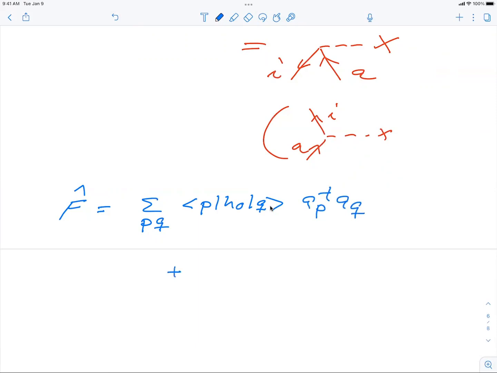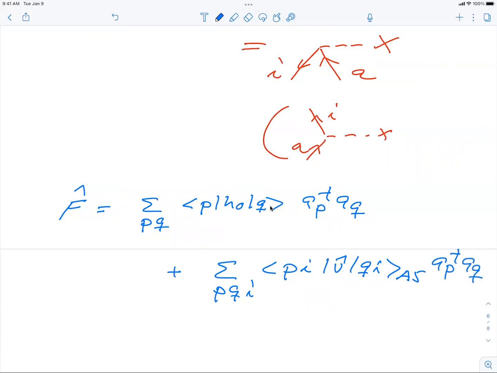But then it has plus a sum over P, Q, and I, and then I have the two-body matrix elements, ⟨PI|V|QI⟩ anti-symmetrized, and then I have a_P† a_Q.